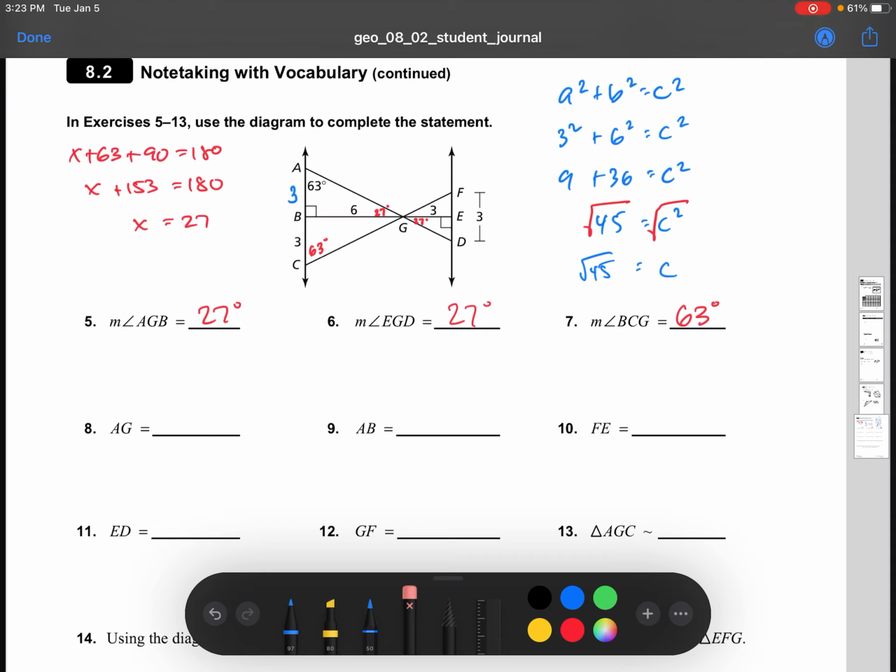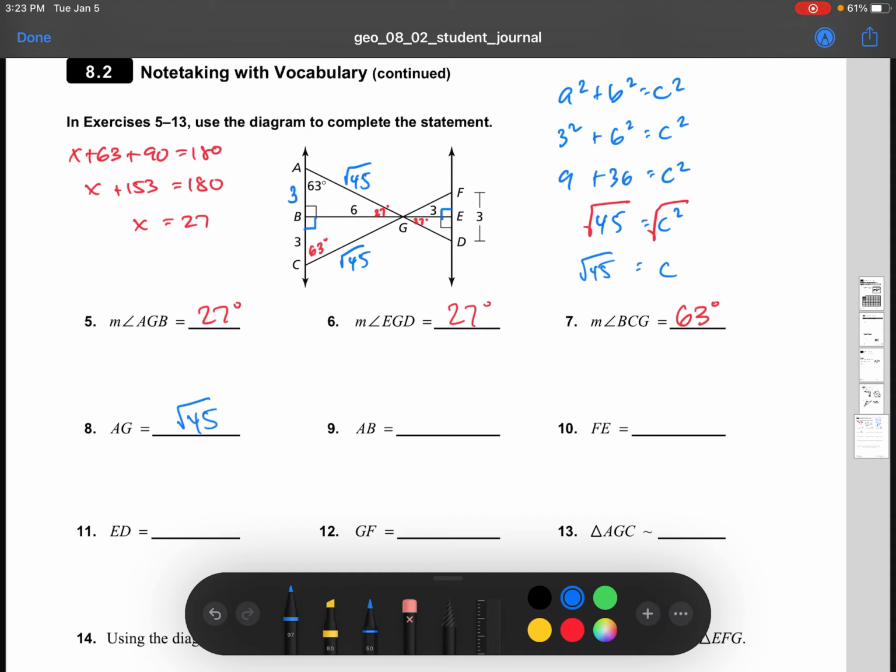So we'll write that in, square root 45. And that means that this is going to be the square root of 45 as well. We can say that's a right angle there. So let's record this square root of 45.